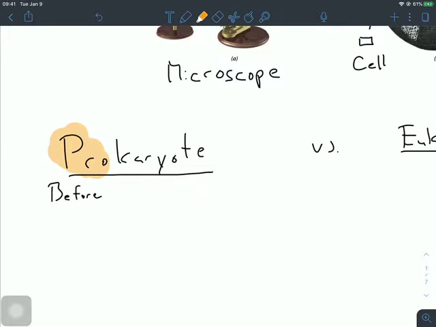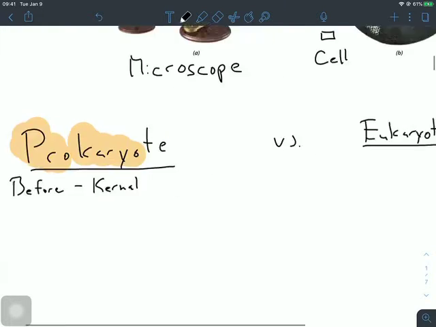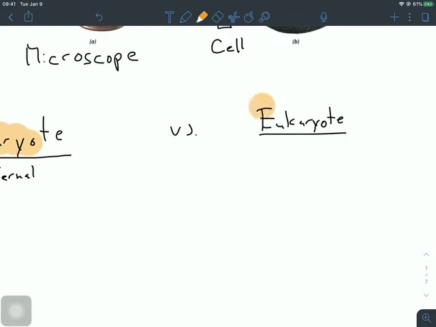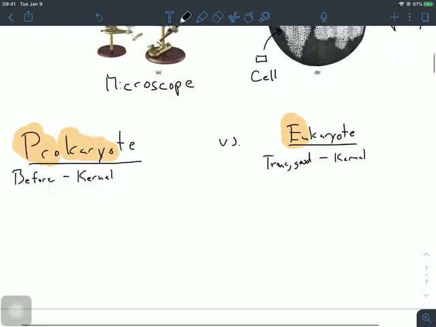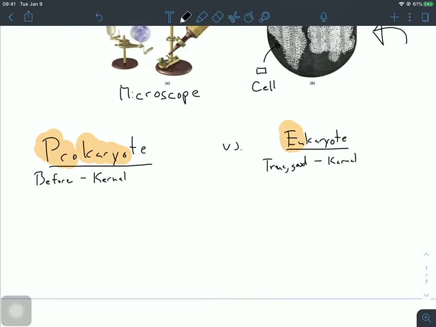And the root karyo or karyon is kernel. Whereas in eukaryote, eu is true or good. And then again, karyon is kernel. And what we're referring to in before kernel, or the true kernel, is the presence of the nucleus.